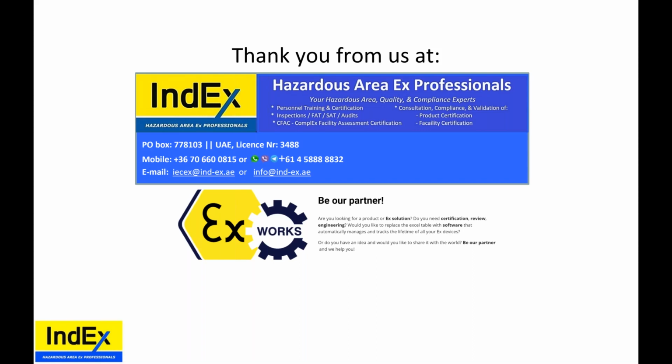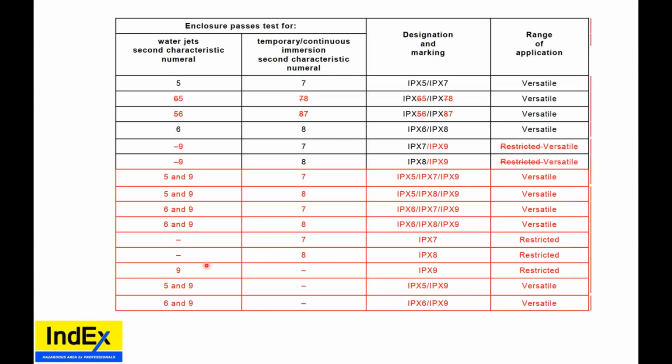Now, the most important slide where you will find all your answers to IP ratings. Within the IEC standard, the words versatile and restricted are what you must apply to, okay?